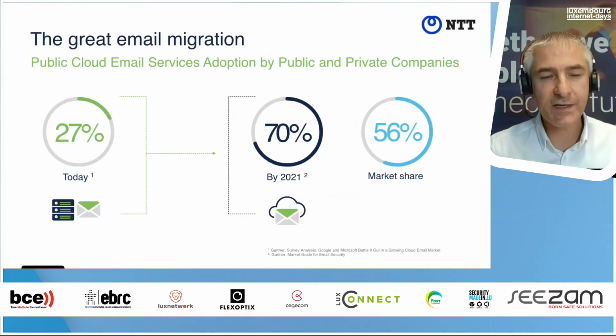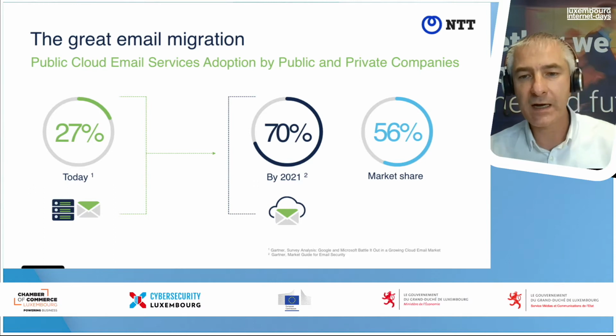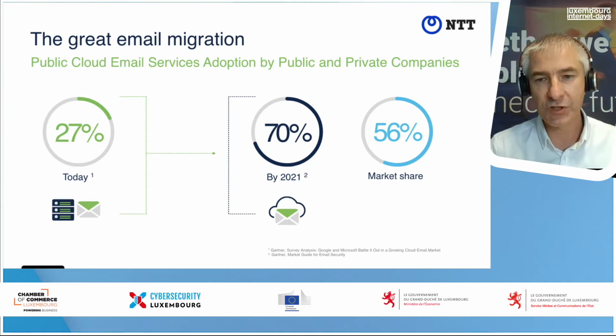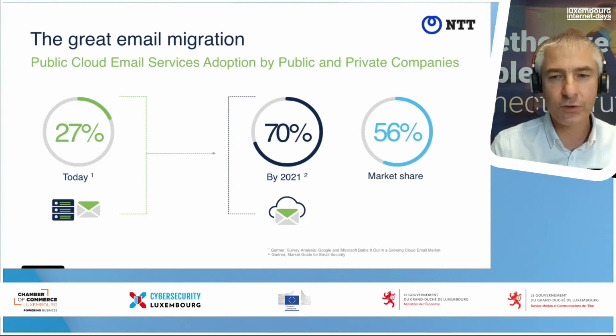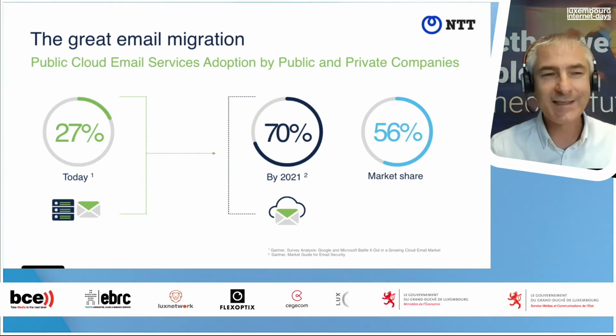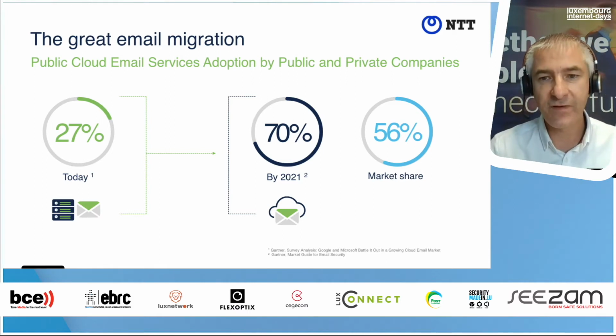This trend is also accelerated by another trend, the move from on-prem email systems to public cloud email systems. You see the prediction for 2021, next year: 70% of email systems will be in the cloud, which is huge.